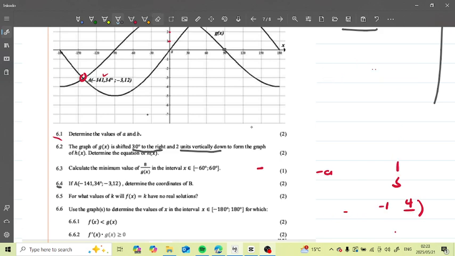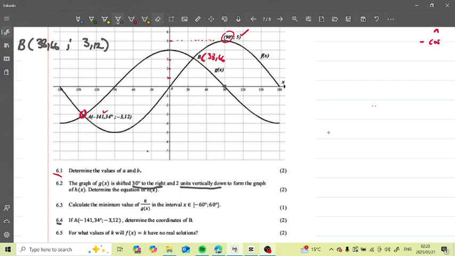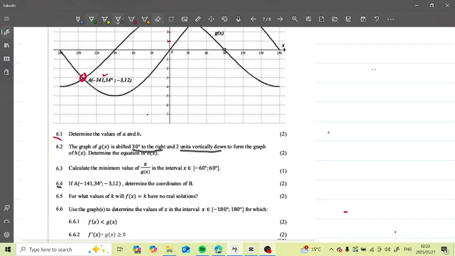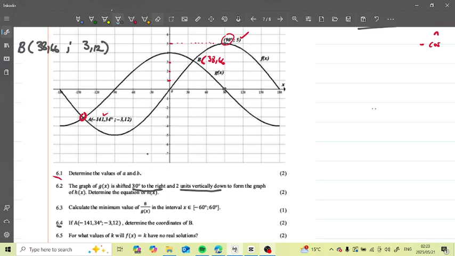Now, with regards to 6.5, for these type of questions, you need to make reference to your amplitude, always. So you would need to make reference to your amplitude to answer those questions. Now, what do I exactly mean by that? Let us read what 6.5 is requiring from us. For what values of k would f of x equals k have no real solutions? Now, let me highlight my f of x function here.